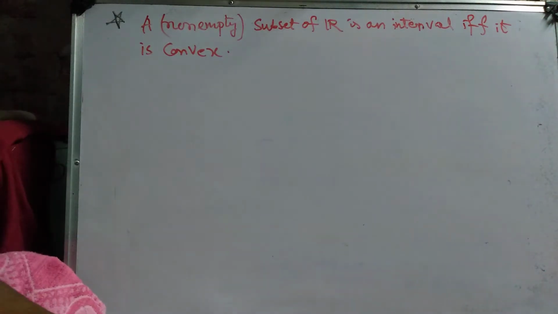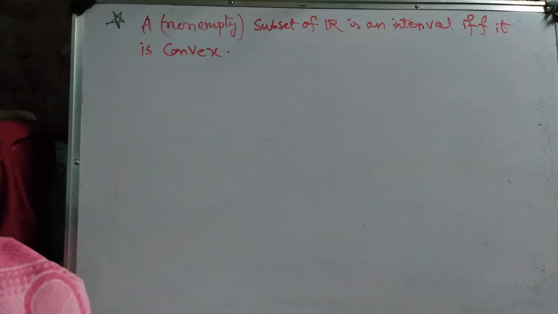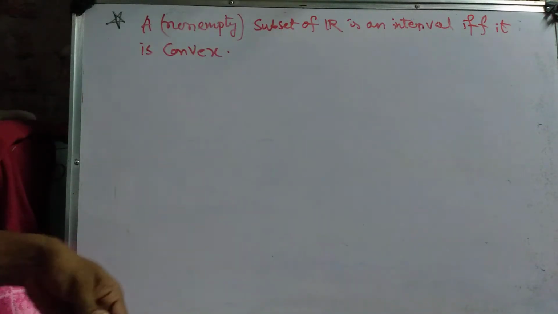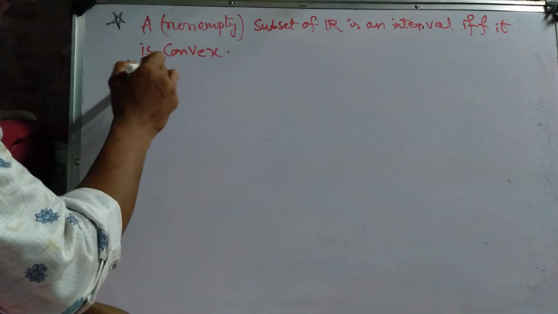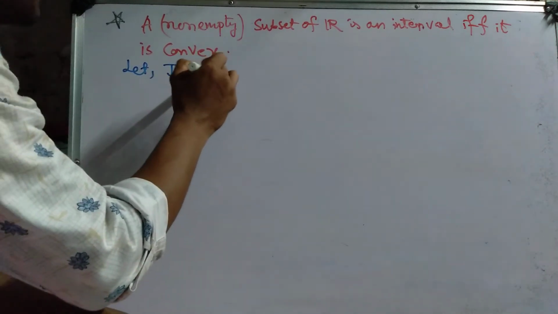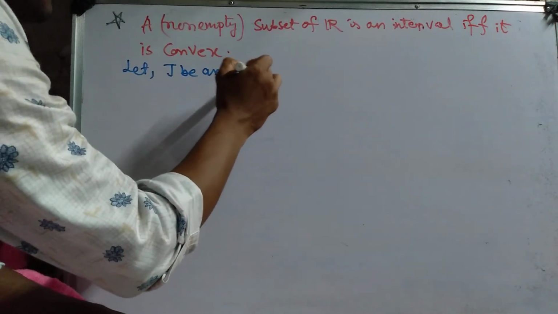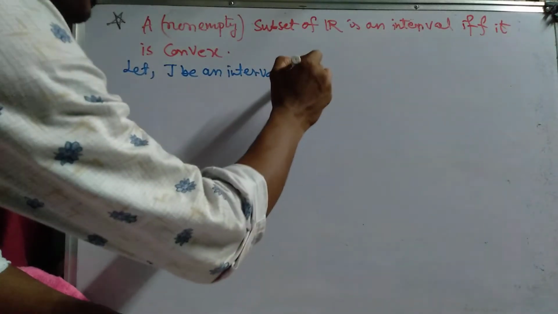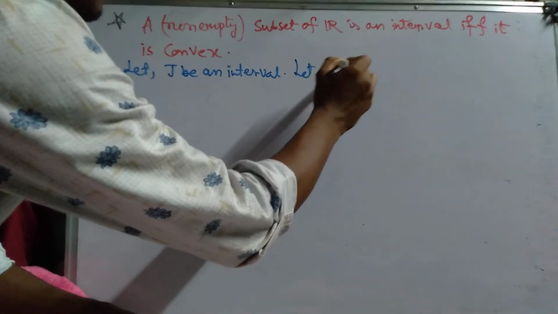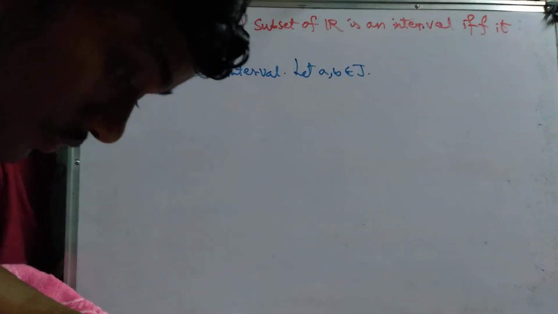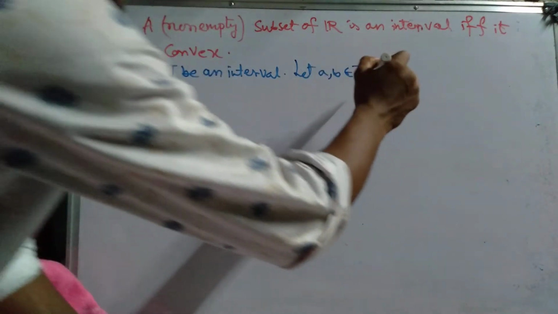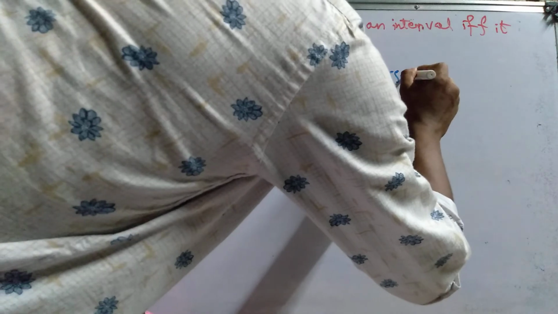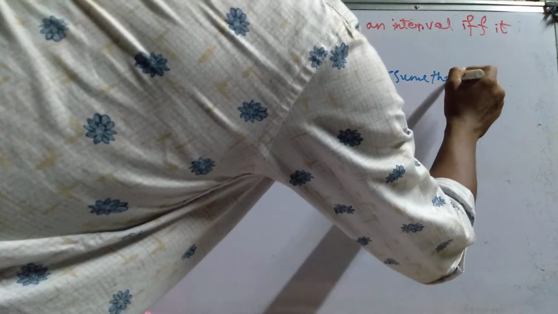Okay, so what do we do? Let J be an interval. Then let a, b belong to J. Assume that a is less than b.